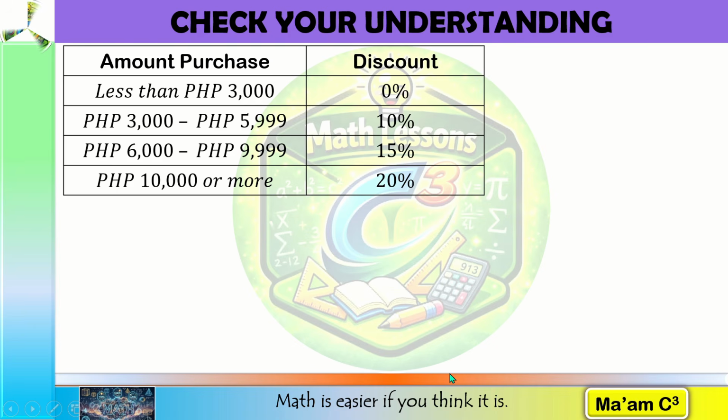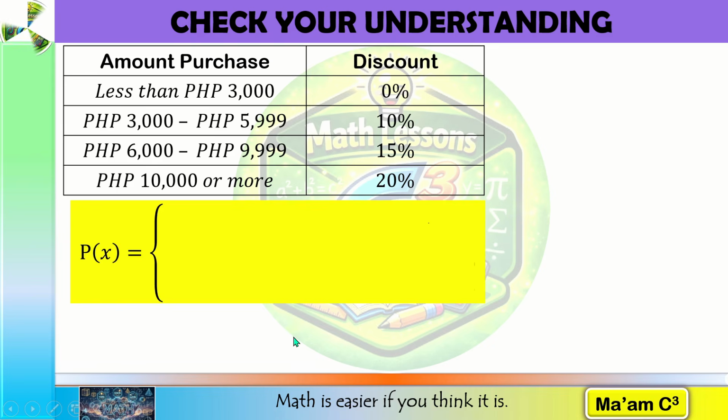So first, let us create our piecewise function with this table. I'm going to use P of x. P of x is equal to x because there is no discount, if less than 3,000 pesos, but greater than or equal to 0 because there is no item less than 0. Next one. P of x has a 10% discount.